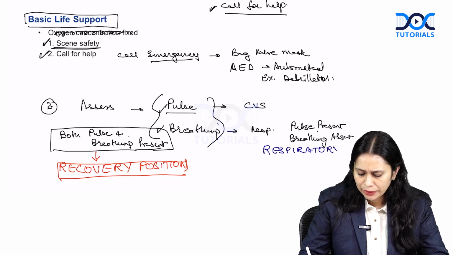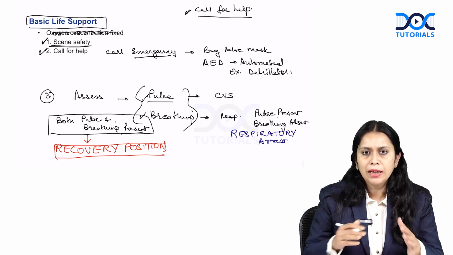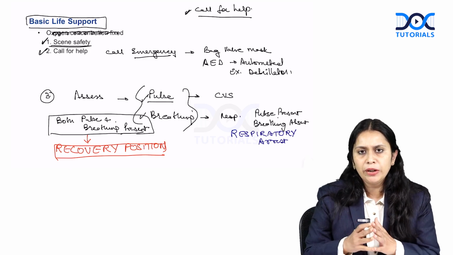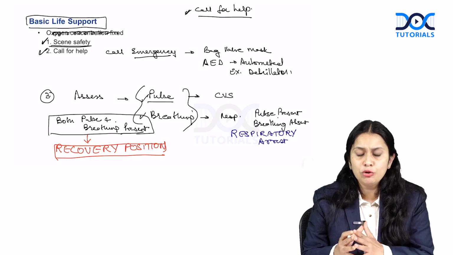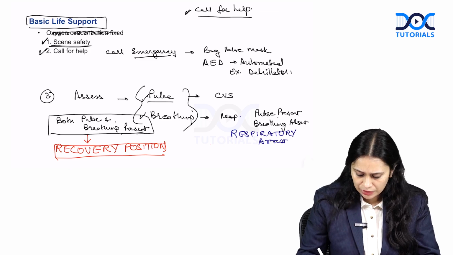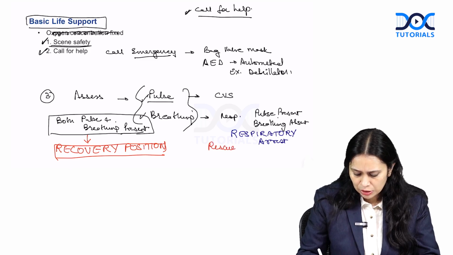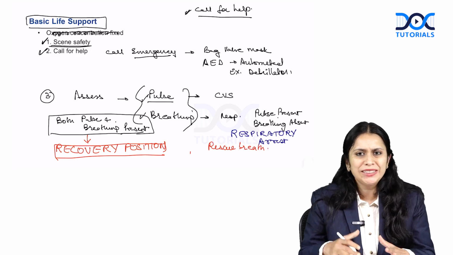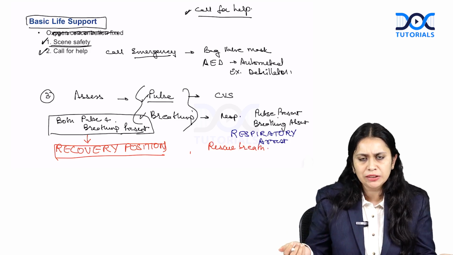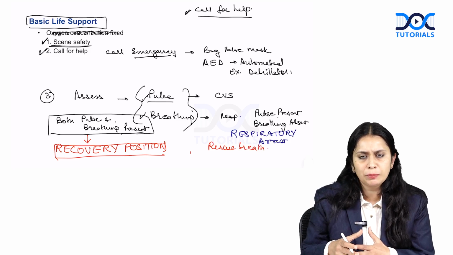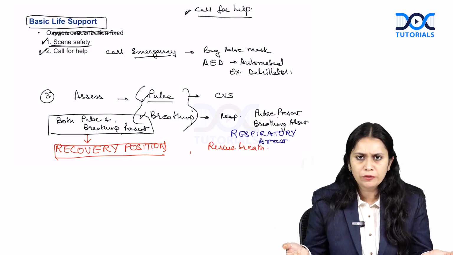So what do we do if someone has gone into respiratory arrest? In respiratory arrest, we give rescue breaths. So the intervention is rescue breath. We need to know in adult what the rate of rescue breath is. It can be asked in the exam. And in pediatric and infant, what is the rate of rescue breath?